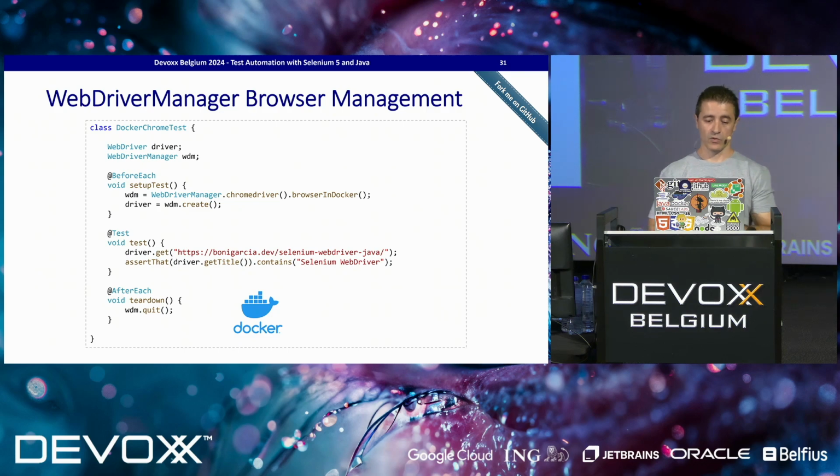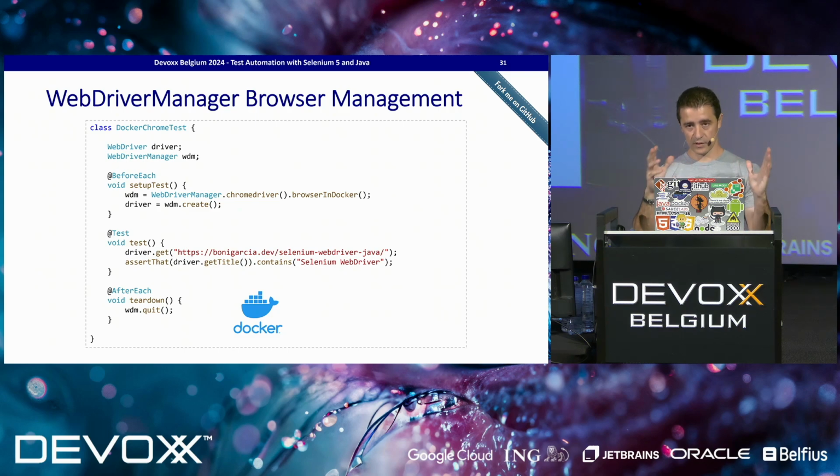First, about browser management with WebDriverManager through Docker. Here we are using WebDriverManager in the beforeEach method, using this builder pattern through the chromedriver method, and simply by invoking this method browserInDocker, we are telling WebDriverManager that we want to get the latest Docker image from Docker Hub about Chrome, download it, start the container, and use this browser in Docker for running my test.